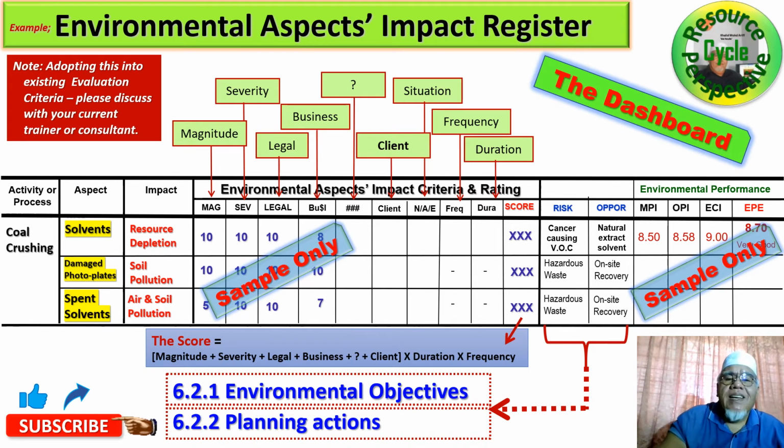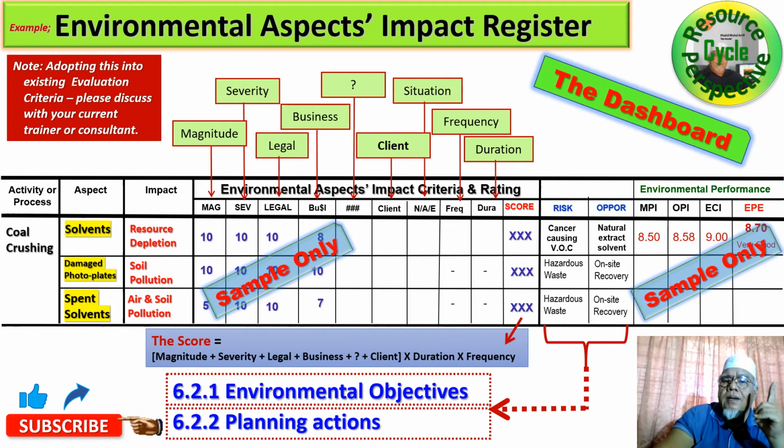Now, this is the environmental aspects impact register. This is the format that I use, and it has been my dashboard for the environmental management system, and I've done this across all the places. All my clients who have done this still maintain it until this day, and it is very convenient.